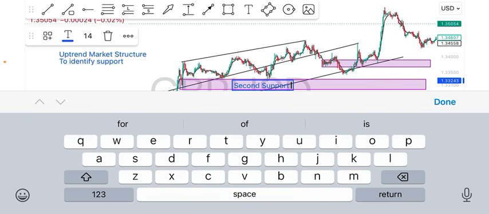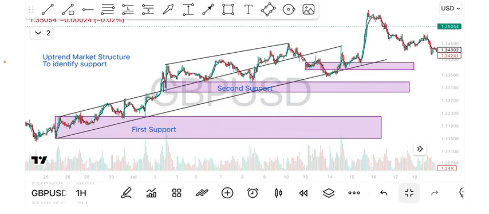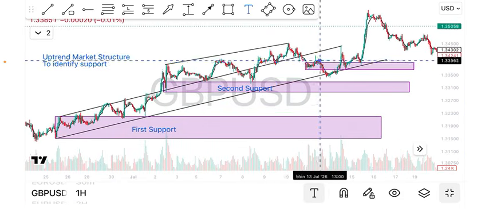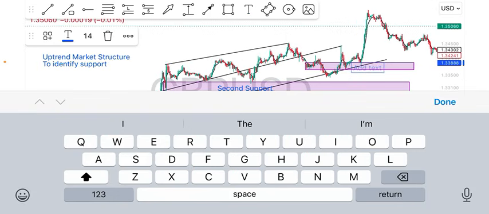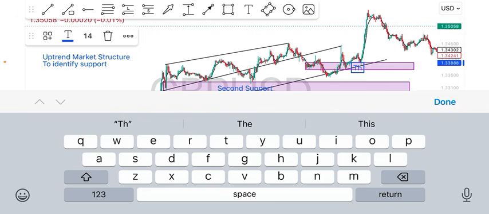Second support level, and this we have the third support at this level. So you can see when price trapped into our third support, that's where we had the main stronger accumulation to the top side.